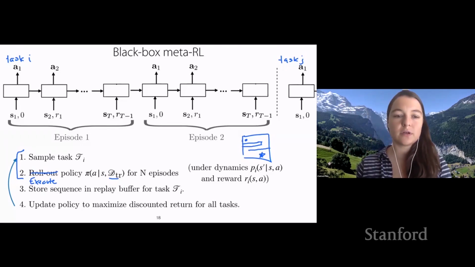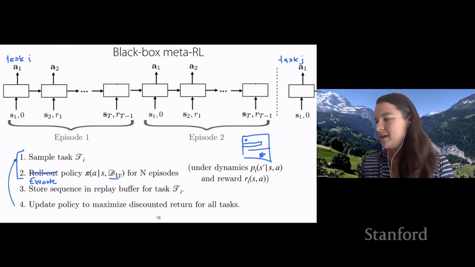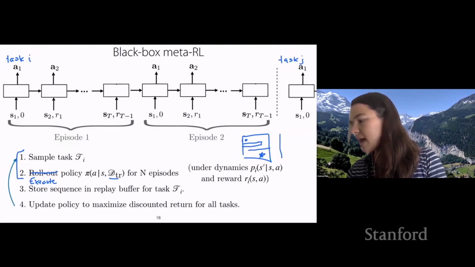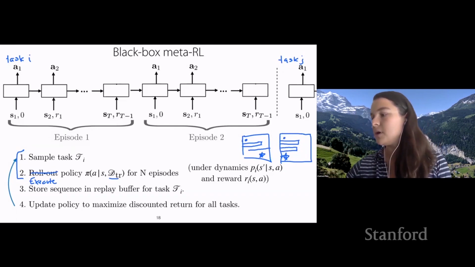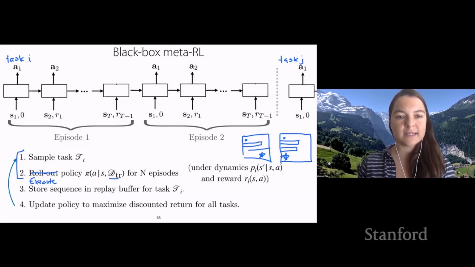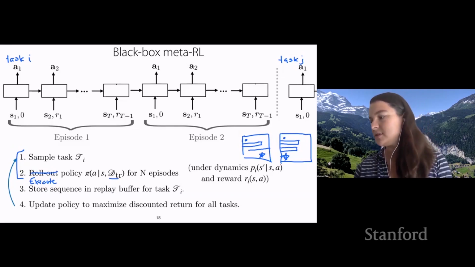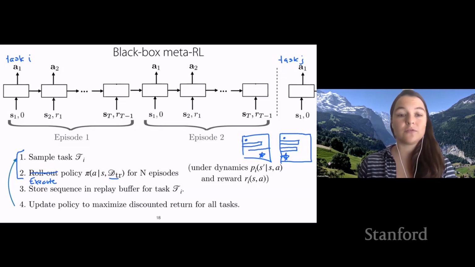And so this is going to encourage exploration because if, for example, different tasks have rewards in different positions, so maybe this maze looks something like this, then in different tasks, in order for this policy to get rewards within a task, it needs to be able to execute actions that allow it to identify where the rewards are.